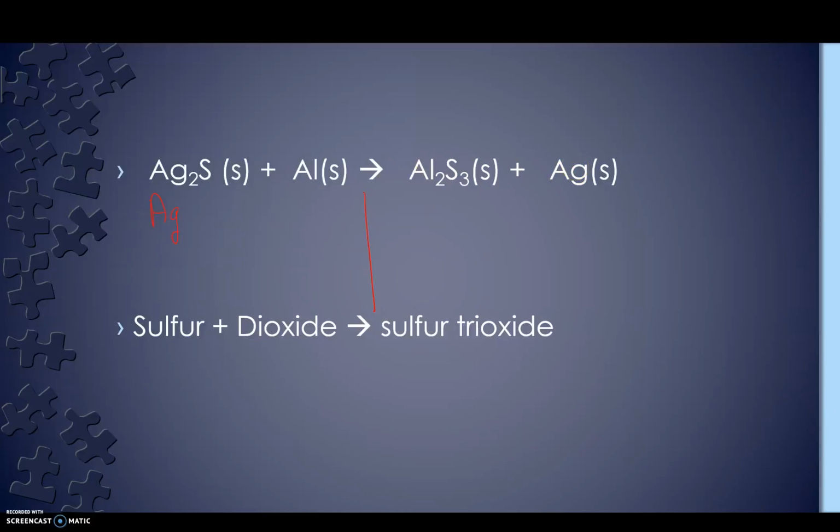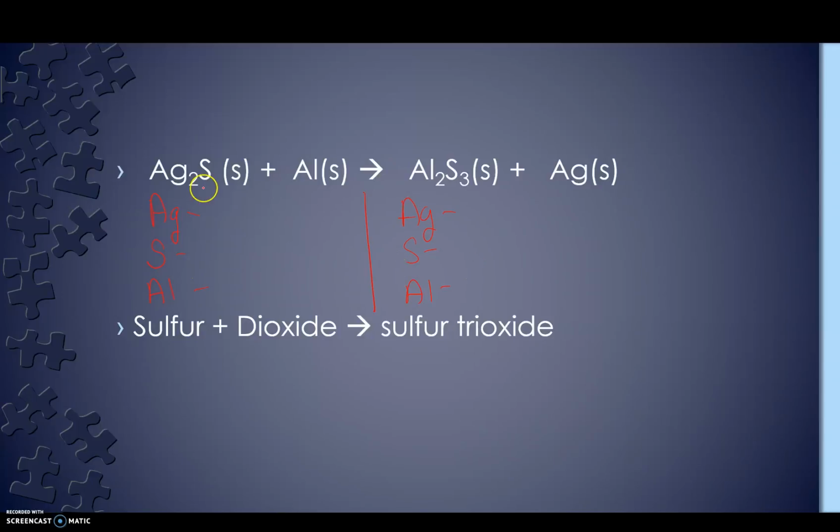This is what we call a single replacement, which you will learn about next time. So you want to split everything up into individual elements. It is easiest if you keep them in line. Because I have silver first on the reactant side, I want to do silver first on the product side. It helps keep everything in line.